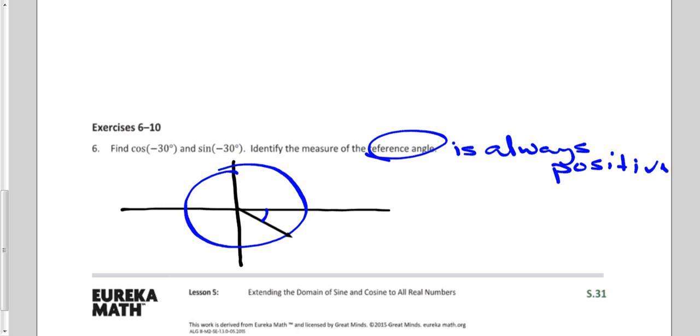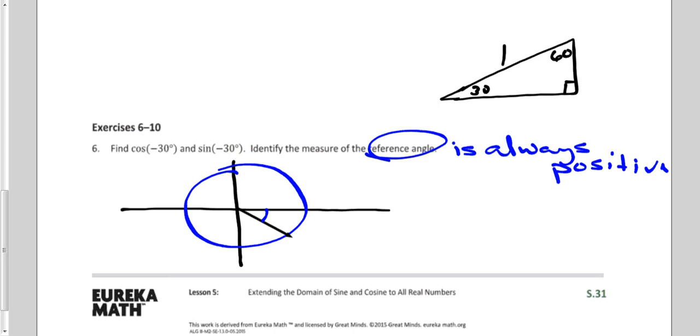Now, going back to our 30, 60, 90 triangle, cosine was adjacent over hypotenuse. What was the length of the adjacent side to a 30-degree angle in a right triangle? If I draw my right triangle here, this is my 30, this is my 60, and this is my 90. What's the length of my hypotenuse? 1.